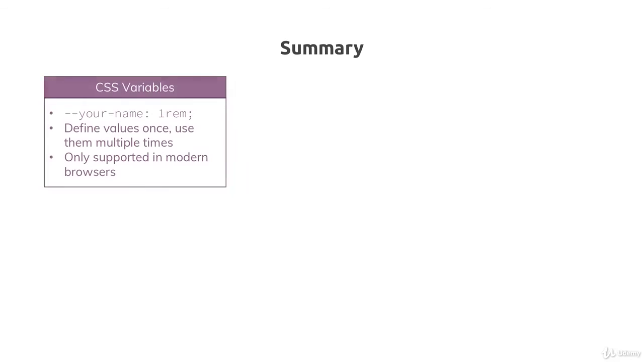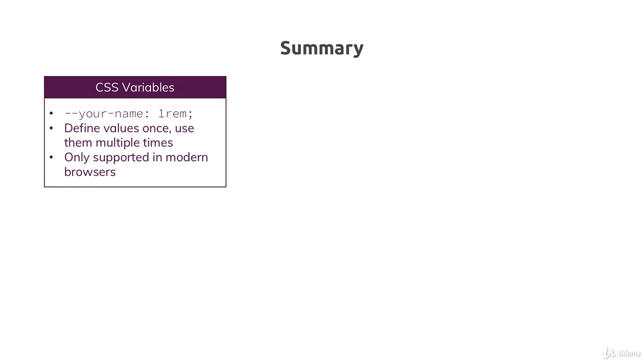So let me summarize what we learned in this module. We had a look at CSS variables, a nice CSS feature which allows you to define your own reusable variables which store values like units, sizes, colors, in this example here 1 rem, in this module we saw it with hex codes, which you then can reuse in your CSS code.